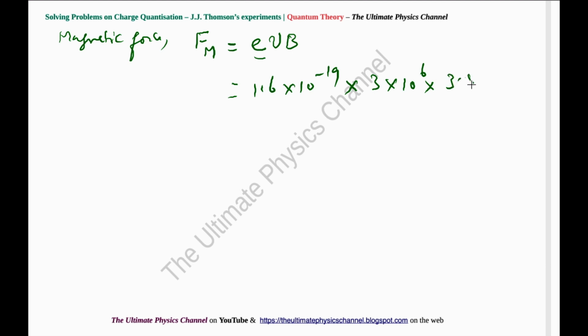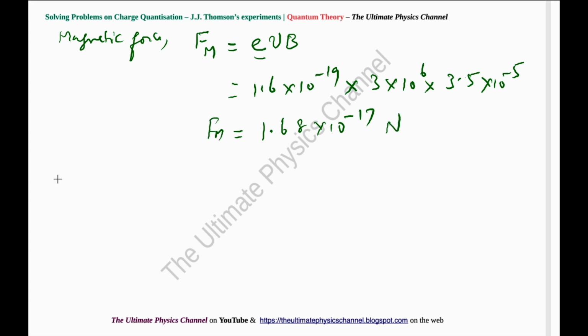The magnetic field of the Earth at the equator is given to be 3.5 times 10 power minus 5 Tesla. If we just multiply these factors, you would get 1.68 times 10 power minus 17 newtons. This is the magnetic force.